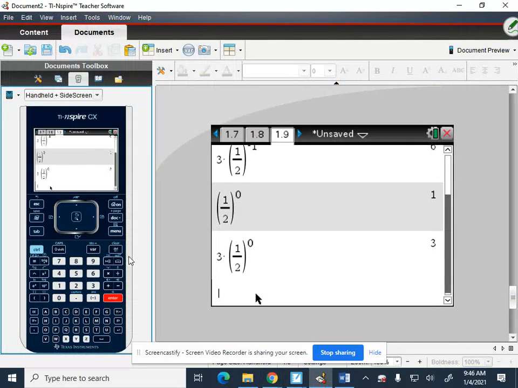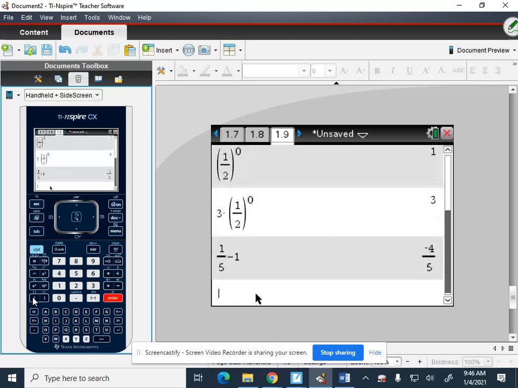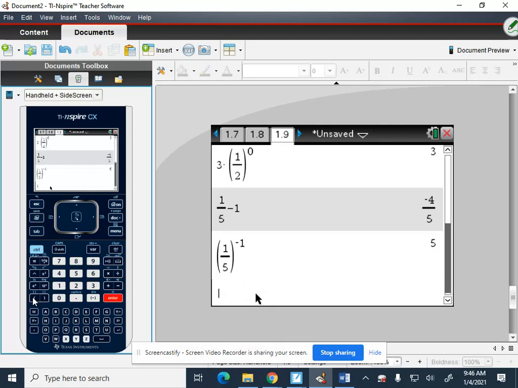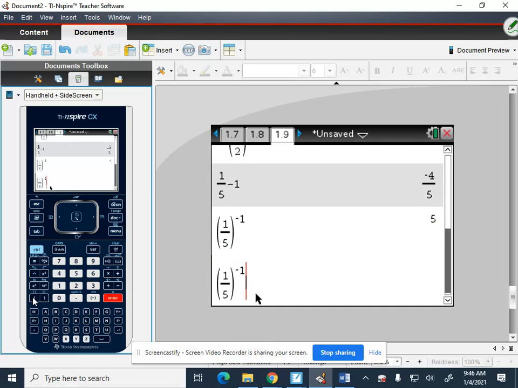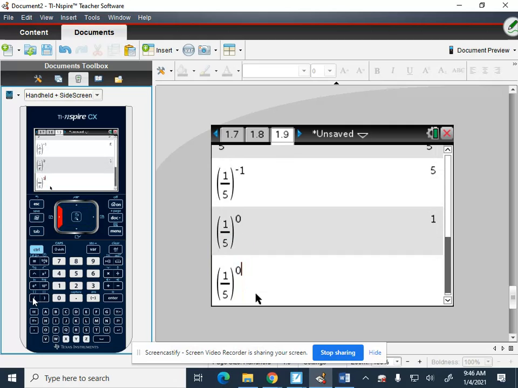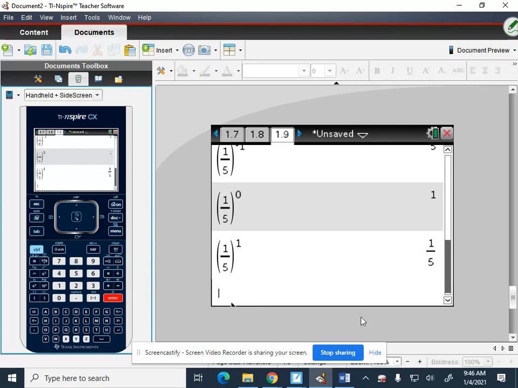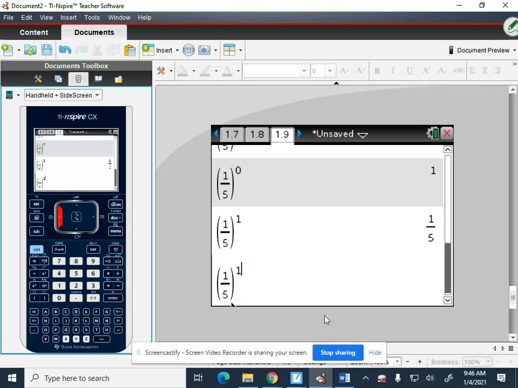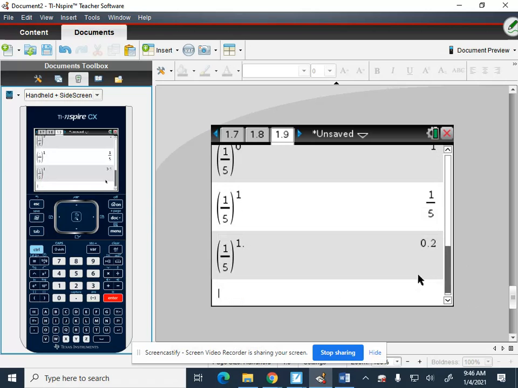Okay, so I'm going to take my 1/5, put in, whoops, raise it to the -1 power, and it gets me 5. I know when I raise it to 0, anything to the 0 gets me 1. When I raise it to the 1, it gets me 1/5. If I make it a decimal, that would be 0.2.